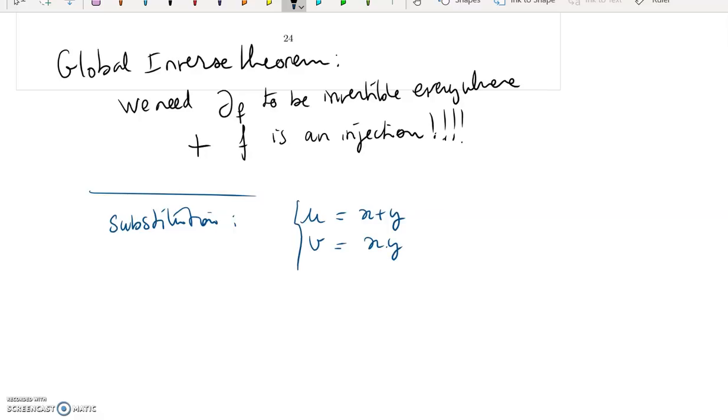The idea was that we were working on a domain which was the set of x, y in R2 such that, which one did we have, we wanted x smaller than y. But if you choose x strictly bigger than y, that would work also.